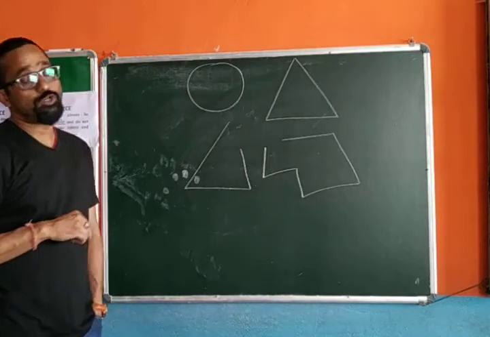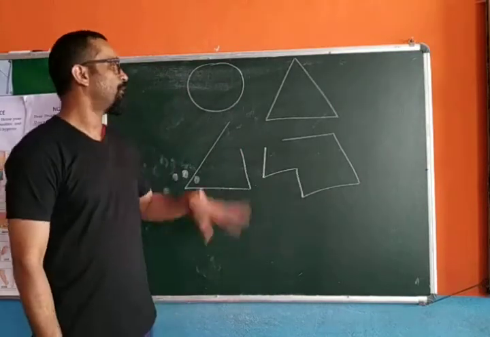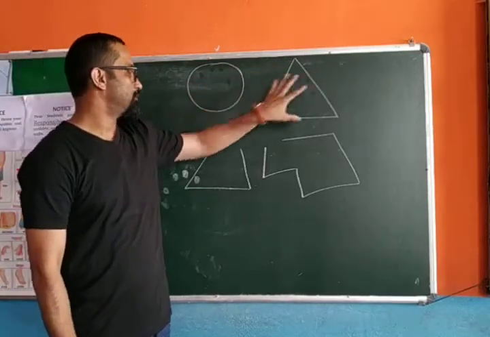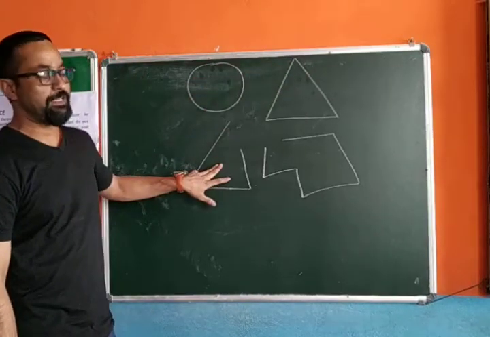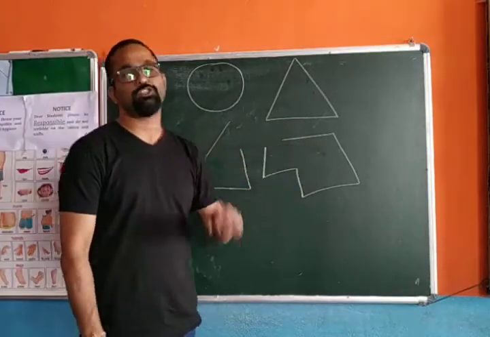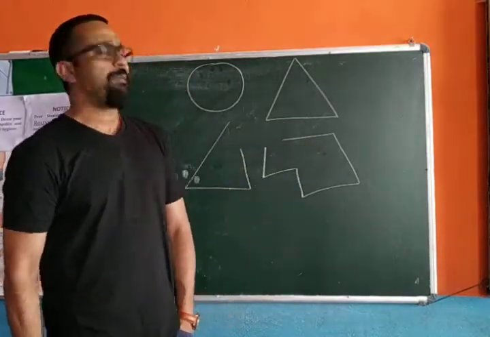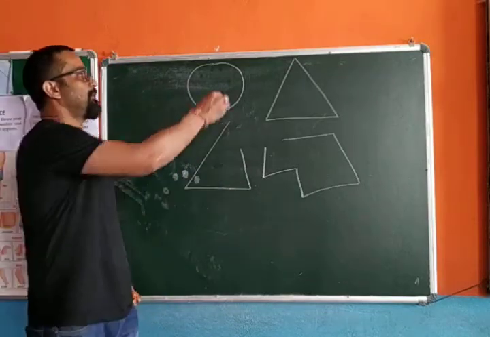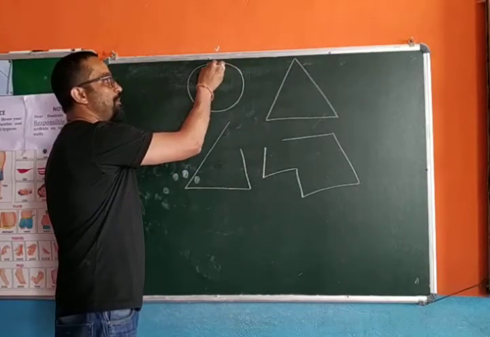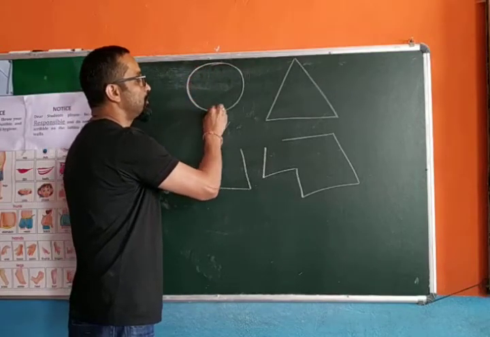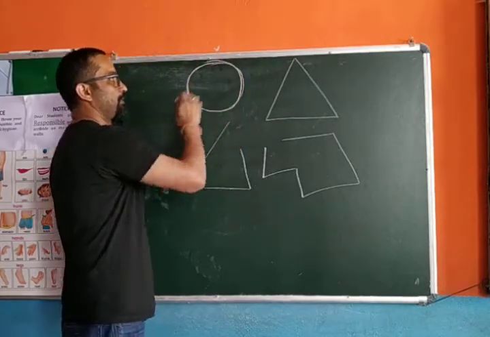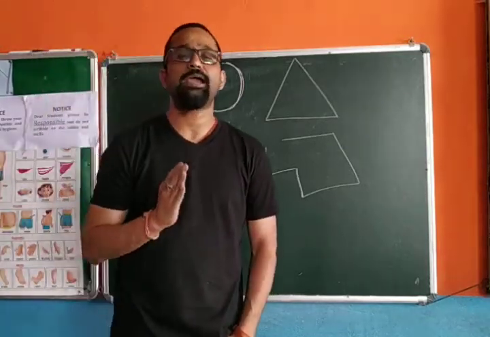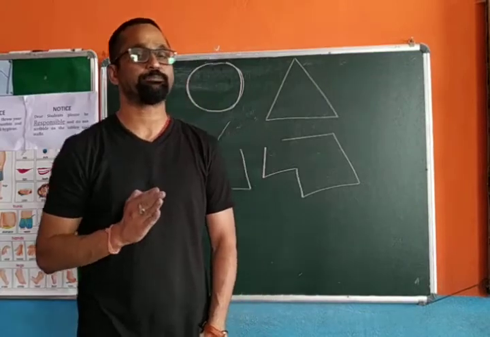I have drawn 4 diagrams on the board. Obviously, you know this is a circle, a triangle. This figure doesn't have a name. This figure also does not have a name. By looking at these 4 diagrams, we observe that the first diagram is bounded by a continuous curved line, and the lines are not intersecting.